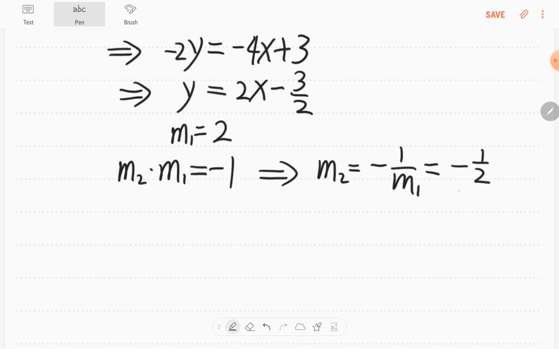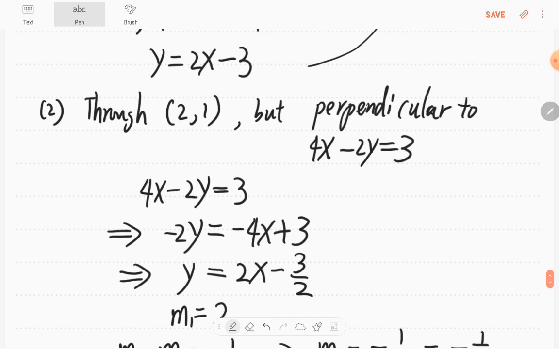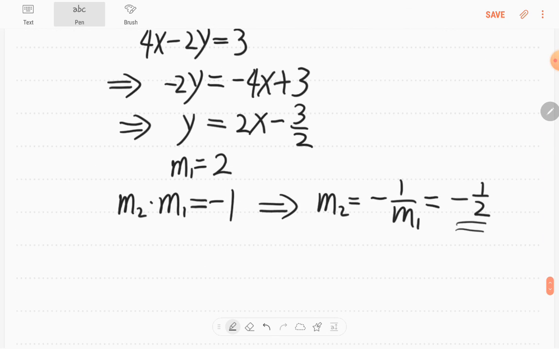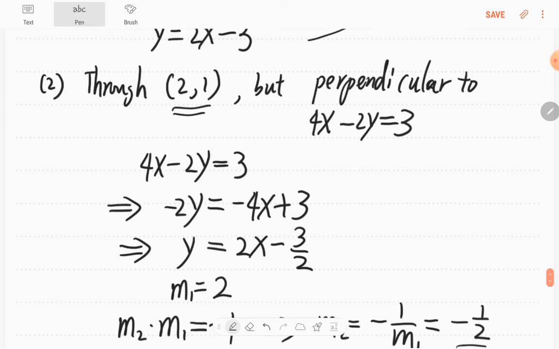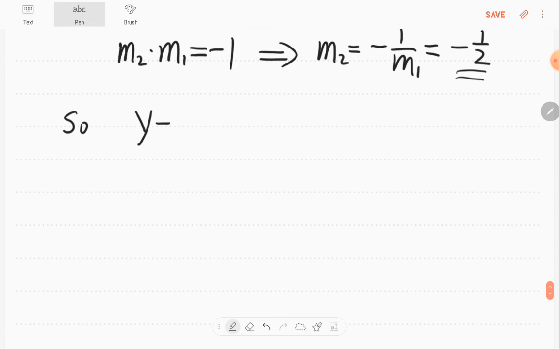So we have the slope, we have the point, so we can use the point-slope form. We have y minus y1 equal to negative 1/2 times x minus 2. This is the point-slope form, but we need slope-intercept form.